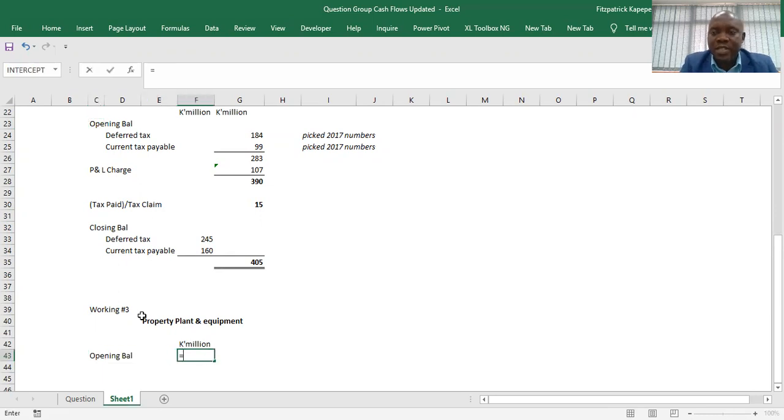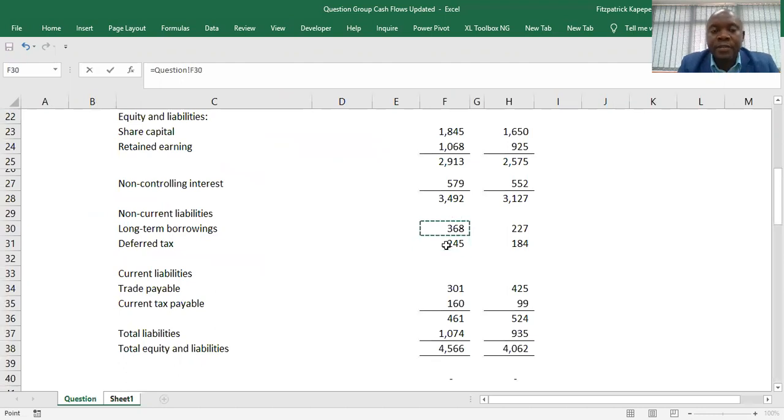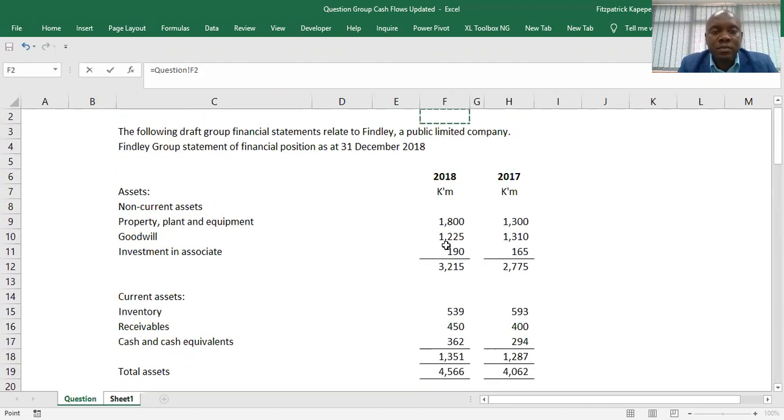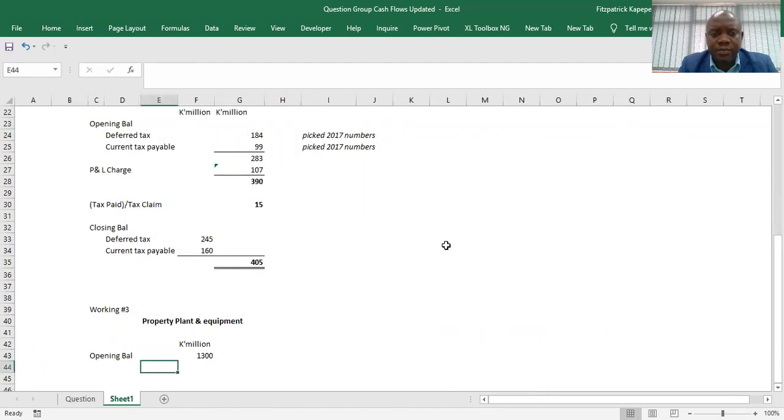So what is the opening balance? It's 13. Then we check on the acquisition. How much did we acquire?